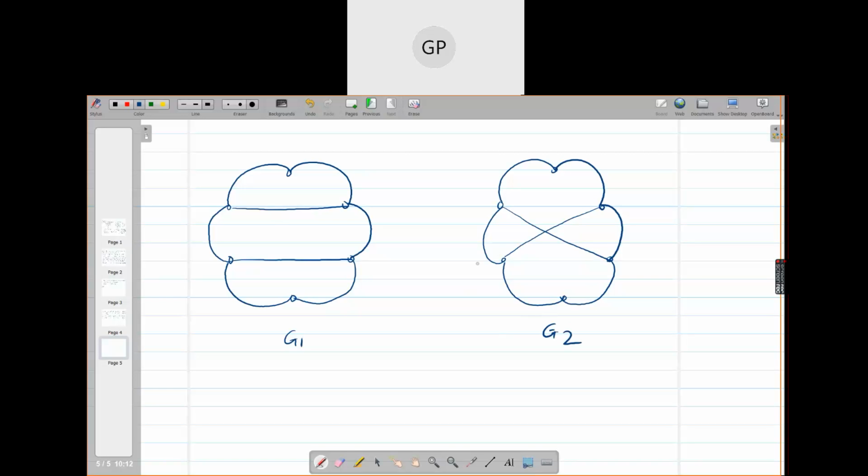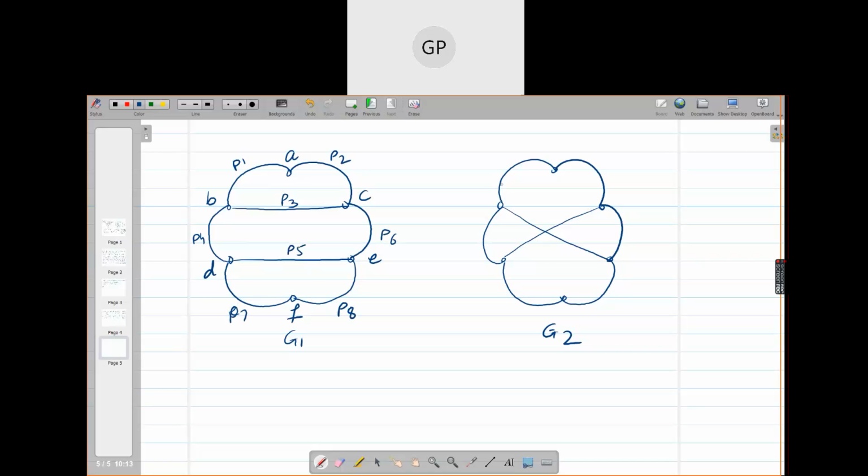Let us give names to the vertices A, B, C, D, E, F, and I will give names to the edges as P1, P2, P3, P4, P5, P6, P7 and P8.